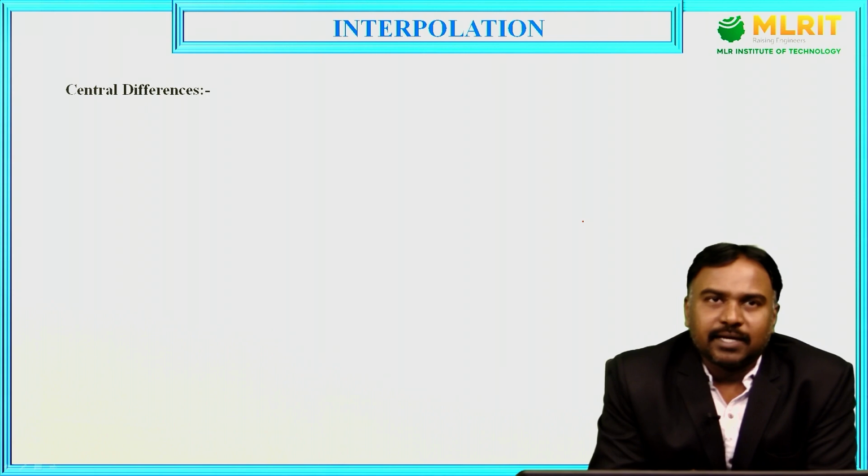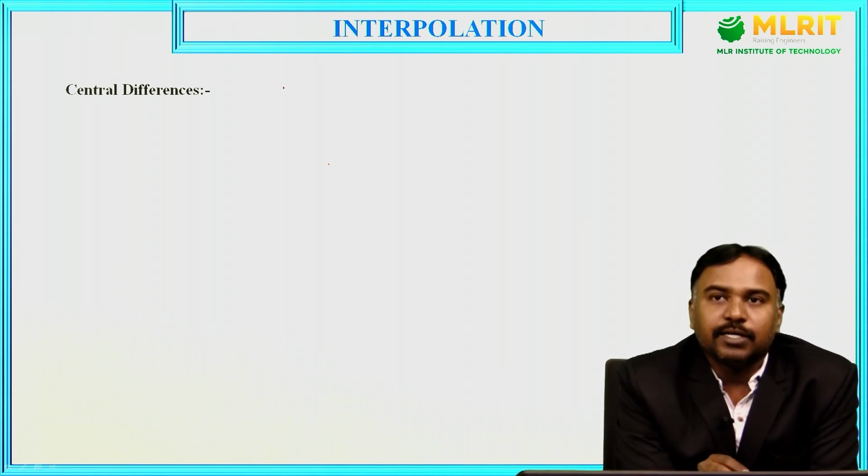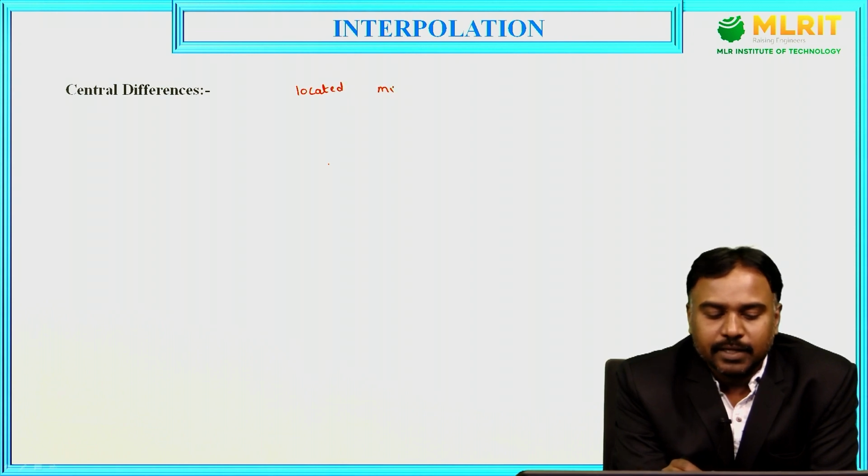The third concept is central differences. Central differences are used to evaluate or find the unknown value if it is located in the middle of the table.